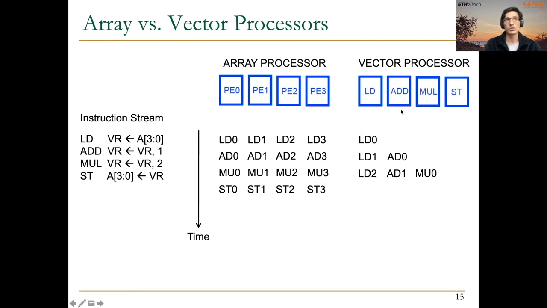Because the only element that we already have in vector registers is element A0, we can start executing this addition on element A0. And one cycle later, we can do it for element A1. And that's the same for the multiplication.